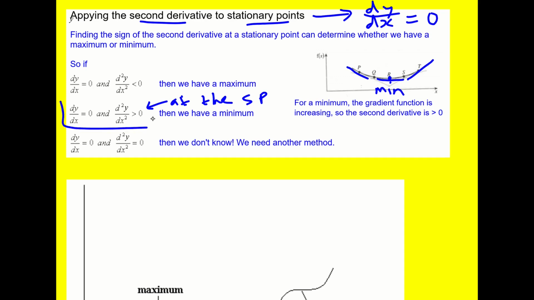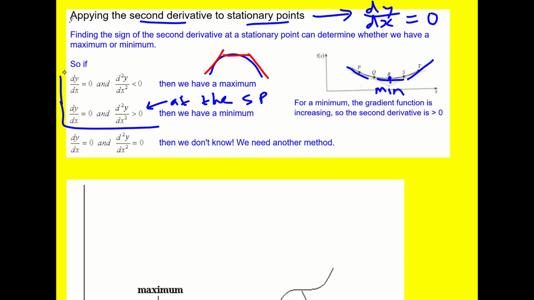This is a fact. And similarly, if you have a maximum, then you get a positive gradient, then a 0 gradient, then a negative gradient. It's going from positive to negative. It's decreasing. The gradient of the gradient is going to be less than 0.